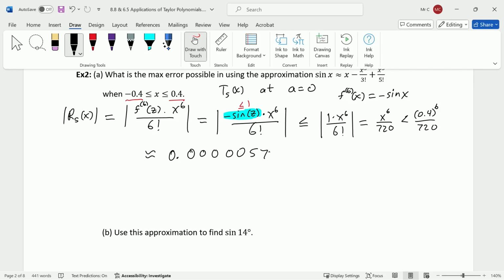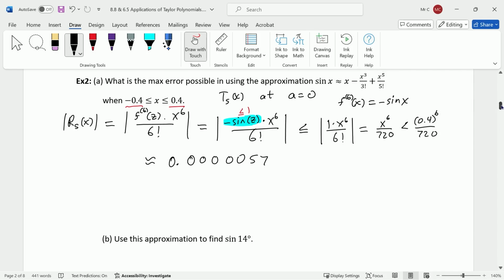All right, now we're going to use this approximation to find sine of 14 degrees. Now, there's something a little bit subtle here that's easy to trip anyone up, which is that when we talk about Taylor series for sine and cosine, just like when we talk about derivative formulas or integral formulas for sine and cosine, these things were all derived under the assumption that we're working with radians as our measure for our angles.